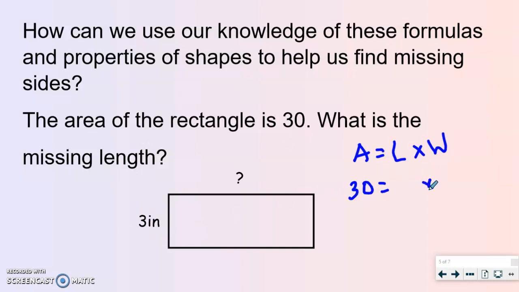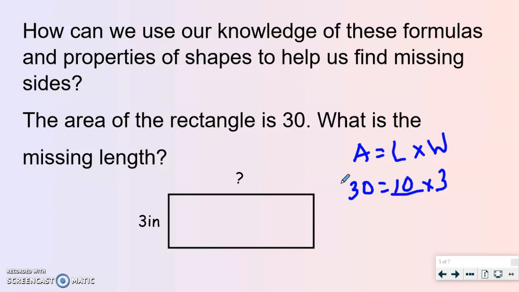So I'm going to replace my width with 3. So the only thing I am missing is the length. So again, thinking algebraically, what would the missing number be? What times 3 would give me 30? Or another way you could think about this is 30 divided by 3. So what would our missing number be?